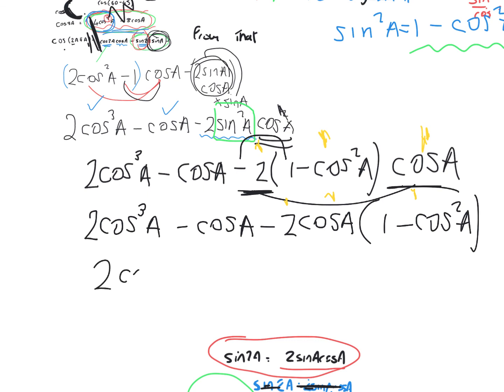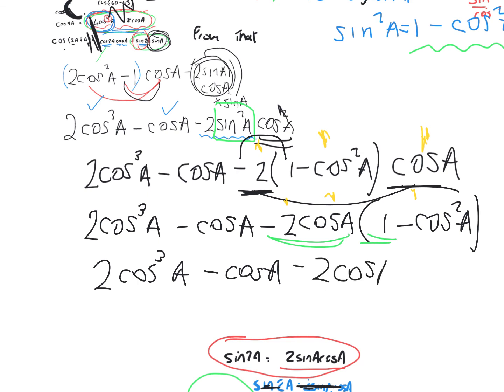So let's go 2 cos cubed A minus cos A. I've now got minus 2 cos A times 1, which is minus 2 cos A. And then I've got minus 2 cos A times minus cos squared A, and that's going to give me plus 2 cos cubed A. Final move, let's collect the stuff together.